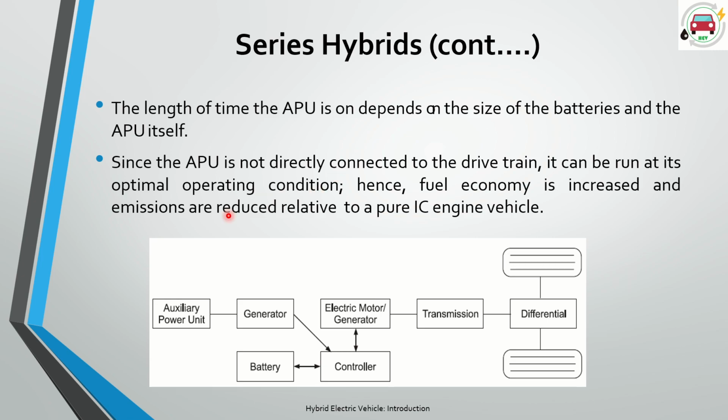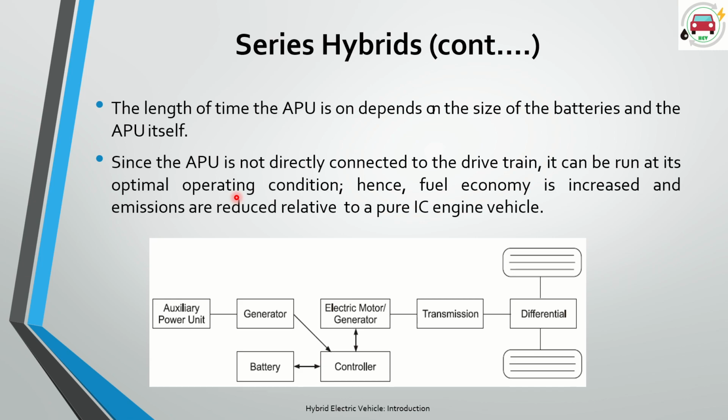So the length, simply I can say, the length of time the APU is on depends on the size of the batteries and the APU itself. So simply we can say the size of the battery is the deciding factor for how much length of time the engine should run, right?